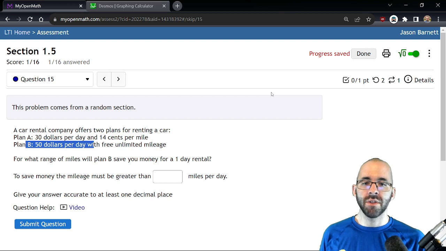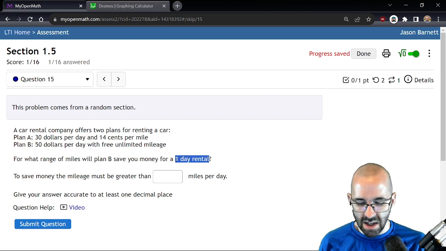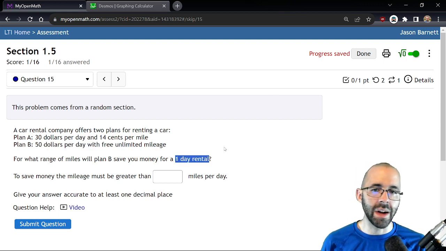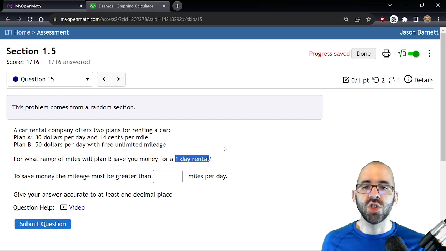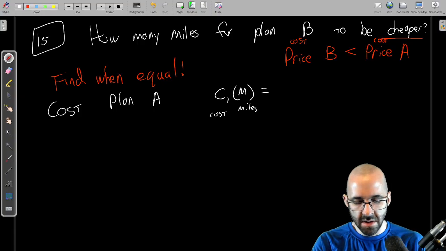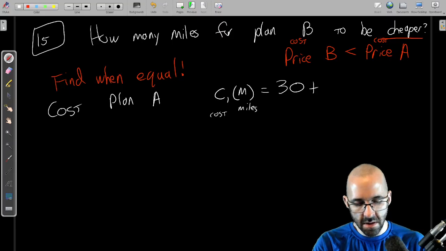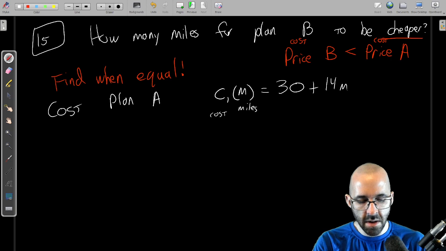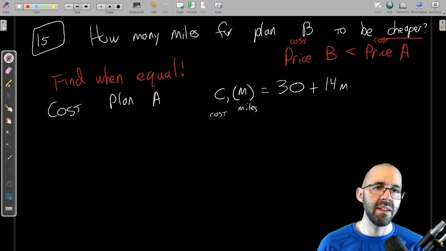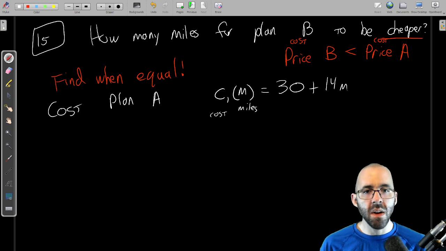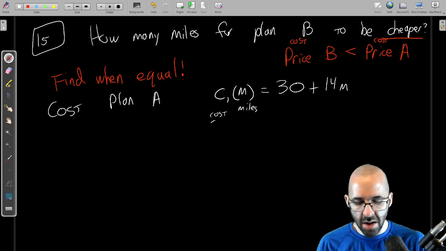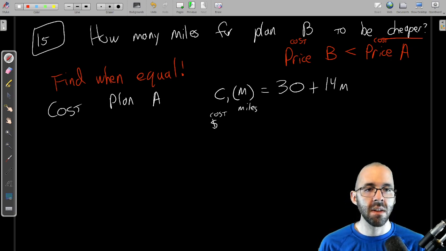Well, it's $30 for every day, and it's already telling us that we're only doing it for one day. So for one day, it's just going to be $30. And we also have to pay 14 cents per mile. But what's wrong with what I've written down here? The wrong thing is C is going to be the cost in dollars. 30 is in dollars.